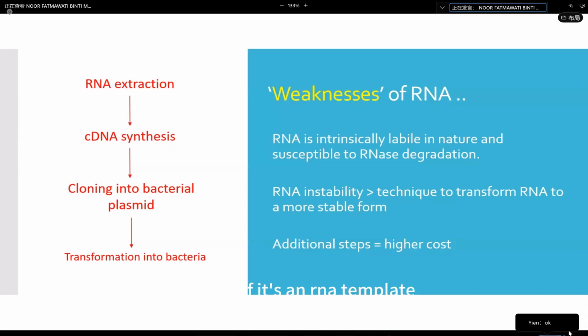Let's say if it's an RNA template, we can keep that RNA template in cDNA form. And if we want to make more, we can change that cDNA template into a library to amplify it more in expression systems such as bacteria.